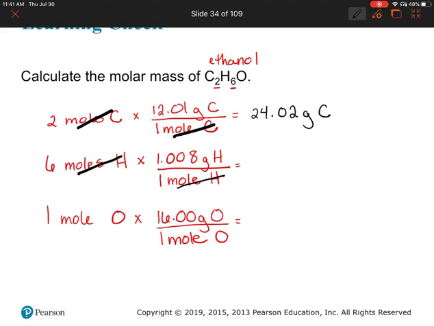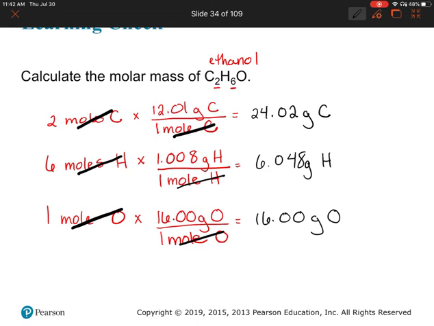And 6 times 1.008, let's see, that gives us 6.04, I believe. Let me double check on my calculator. I was trying to do that in my head. Yeah, 6.048. So we'll just add an 8 in there. All right, and then for oxygen, moles will cancel, and we only have 1 mole of oxygen anyway, so this will just give us 16.